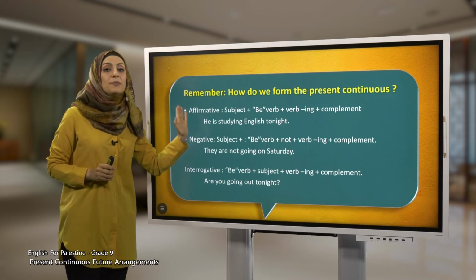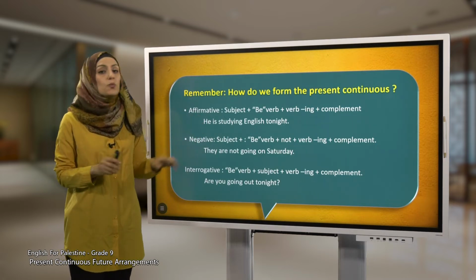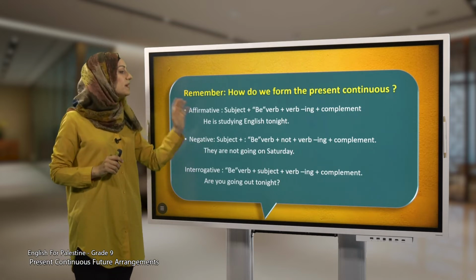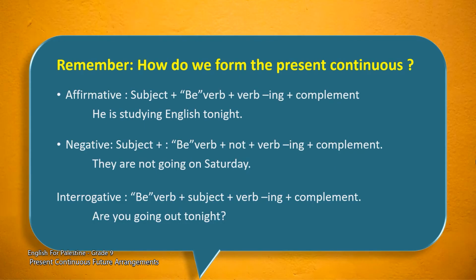When we have the affirmative form, which means when we don't have not, we use the subject, Omar, Ali, I, my teacher, plus verb to be: am with I, is with he, she, it, and are with you, we, they. Plus verb plus ing, and then you continue your sentence.